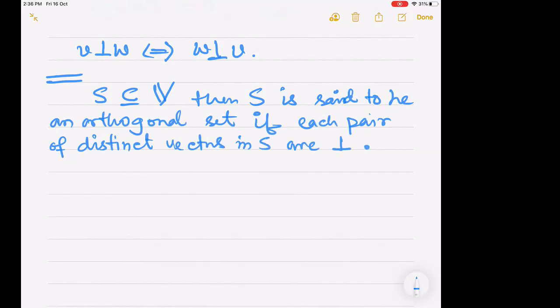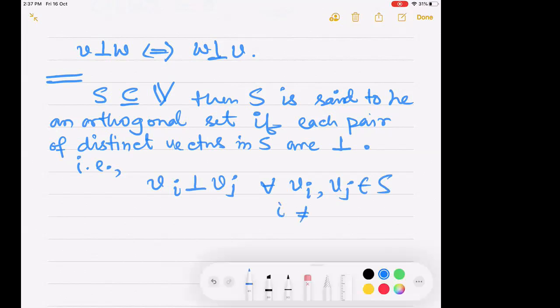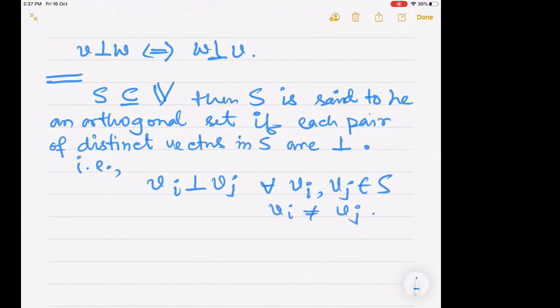That means Vi is orthogonal to Vj for all Vi, Vj in S, with Vi not equal to Vj. Remember that this actually means, by definition, the inner product of Vi and Vj is 0.